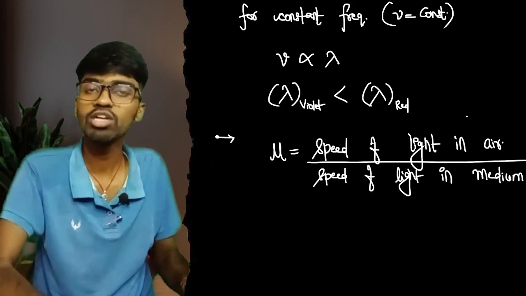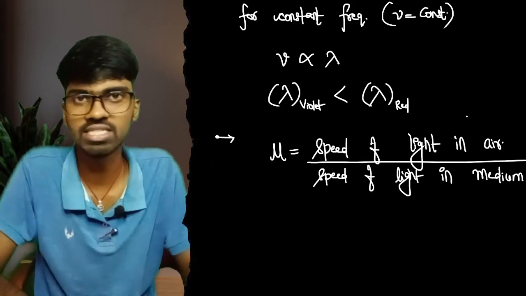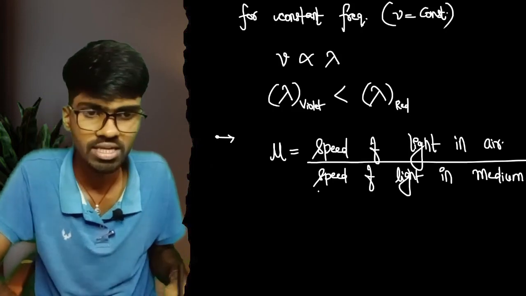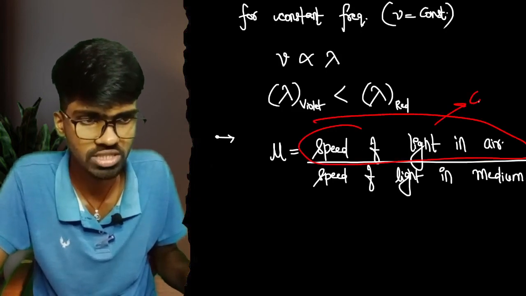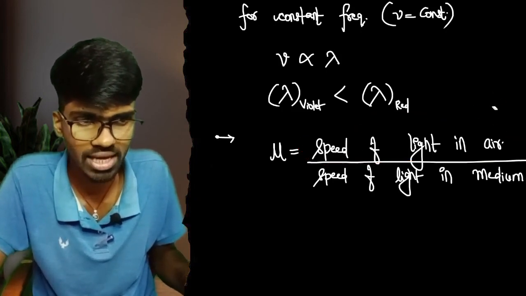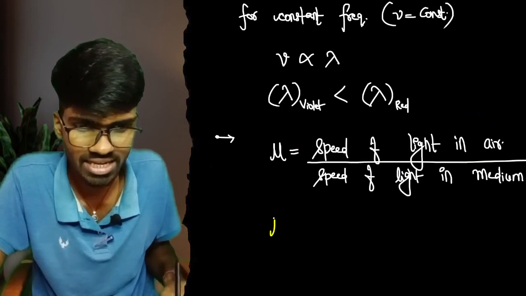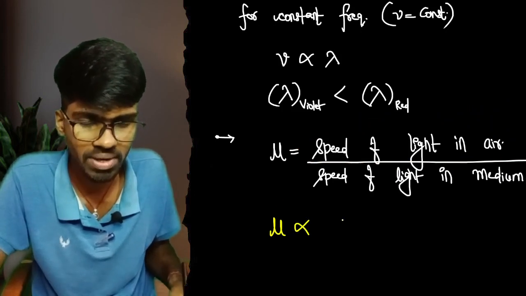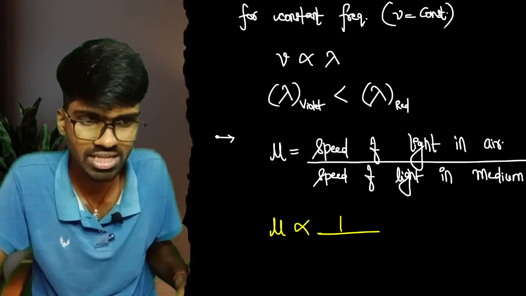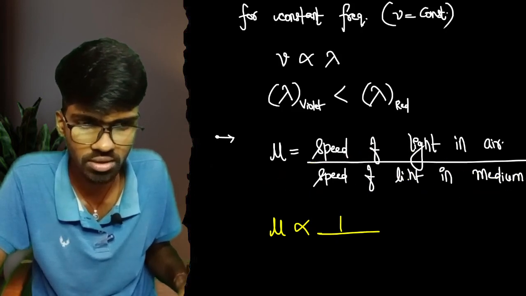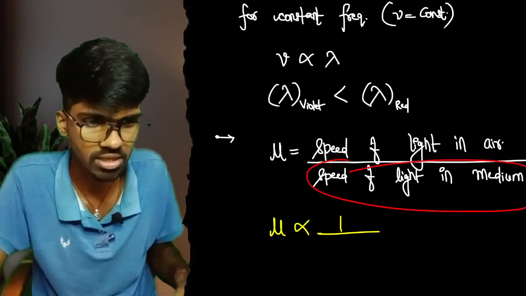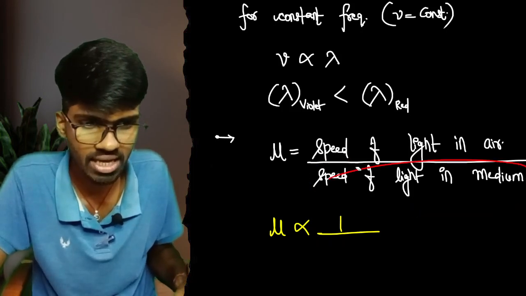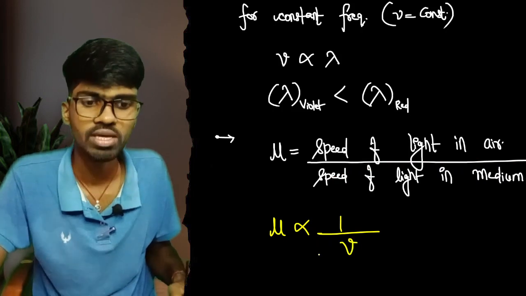Now we know that speed of light in air is fixed, it is constant, we have already discussed that. So this parameter will be constant. So directly we can say that refractive index depends inversely on velocity. So we can write it as velocity only.